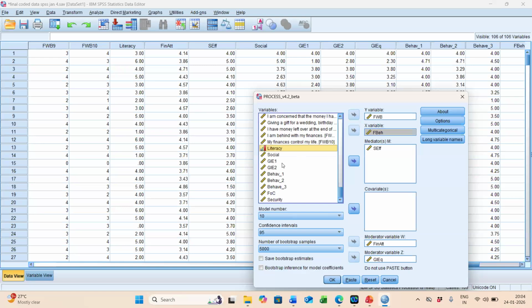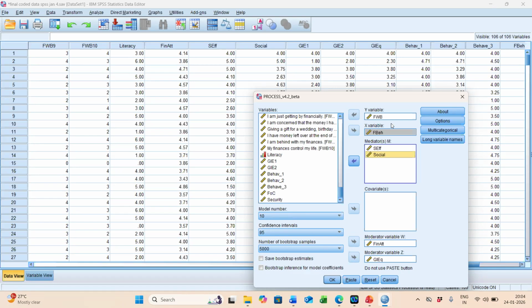So I am considering socialization as another mediator. Financial attitude and gender equality are the moderators. So I have made a slight change in the variables.